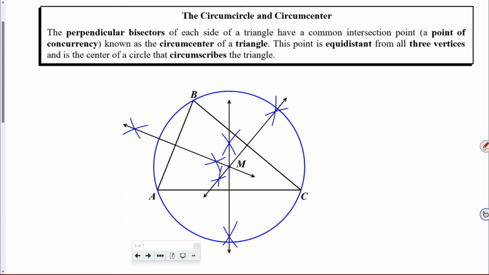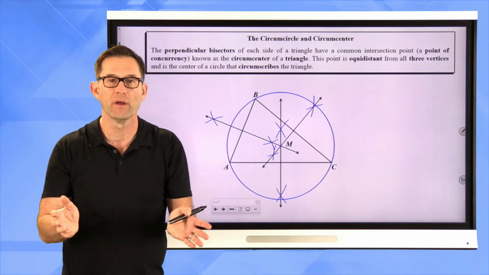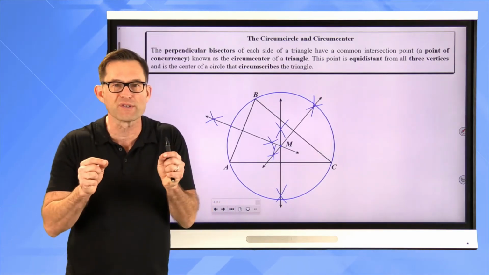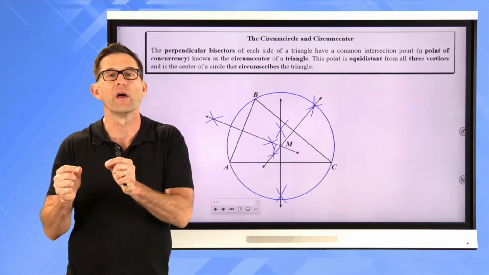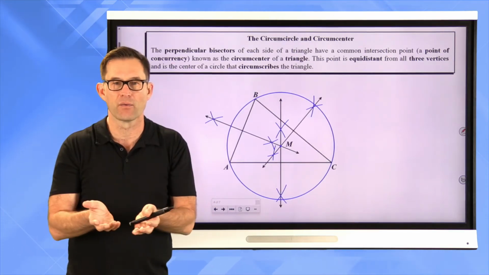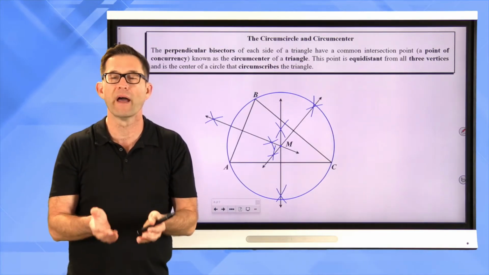This point is equidistant from all 3 vertices and is the center of a circle that circumscribes the triangle. The word circumscribe means to surround. Obviously there are a lot of words here that are similar to the word circle. When you circumscribe something, you surround it by another shape.